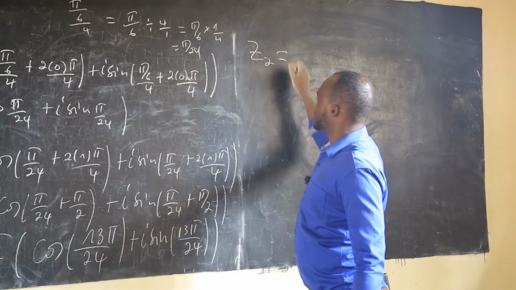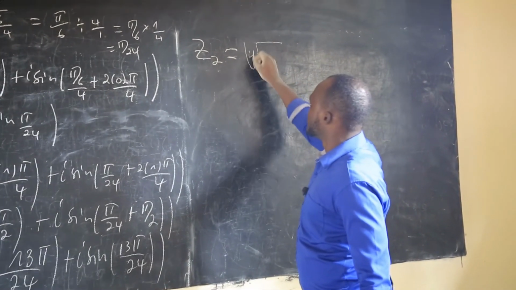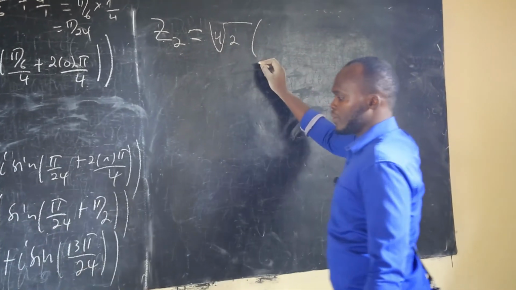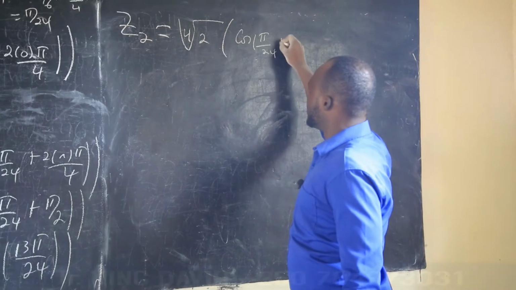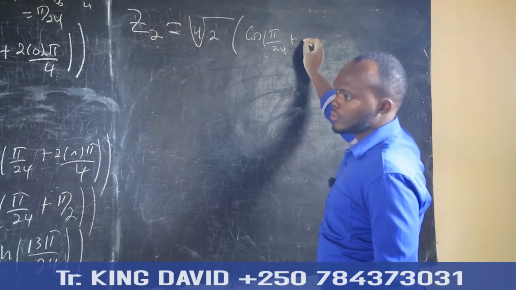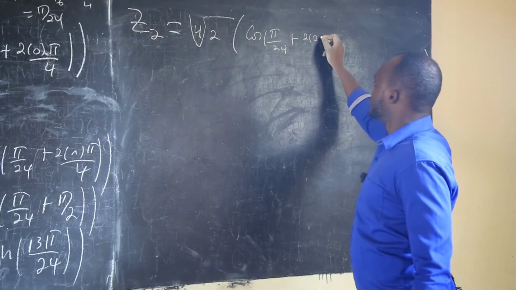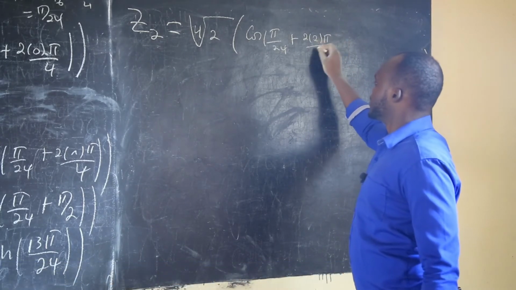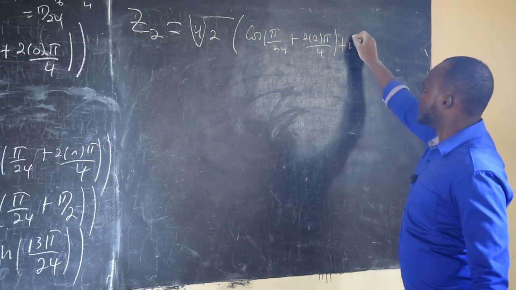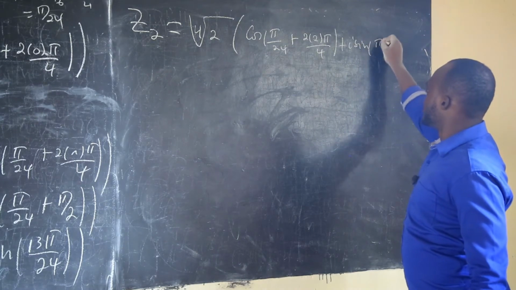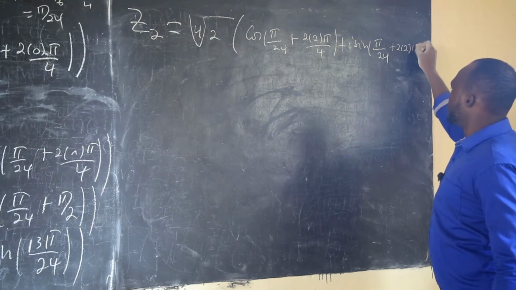Z2 is equal to the fourth root of 2 into bracket cos pi over 24 plus 2 pi into k, where k is 2, over 4, plus I sine pi over 24 plus 2 into bracket 2 pi over 4.